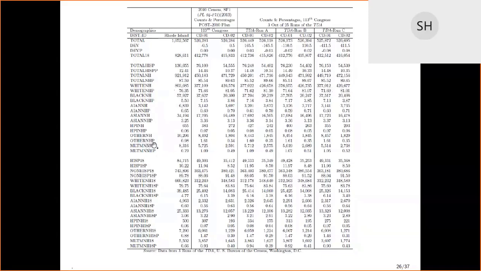If you look at other non-Hispanic, for example, and by the way, in this table, we not only look at counts, but we look at proportions. So the proportion overall was 0.98 for the entire state of Rhode Island. But if we look at the congressional district, the official one from 2010, 1.61 was in this category in Congressional District 1. 0.34 was in the second congressional district.